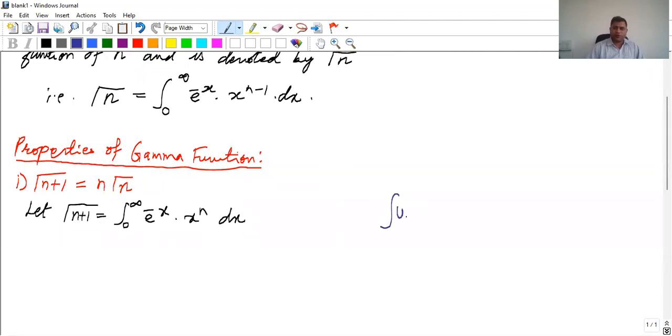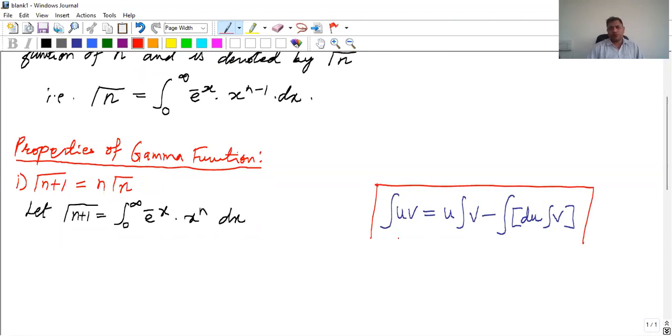We know the rule for u into v: u remains as it is, integral of v, minus the integration of the derivative of u and then the integration of v. This is the by parts rule for integration.